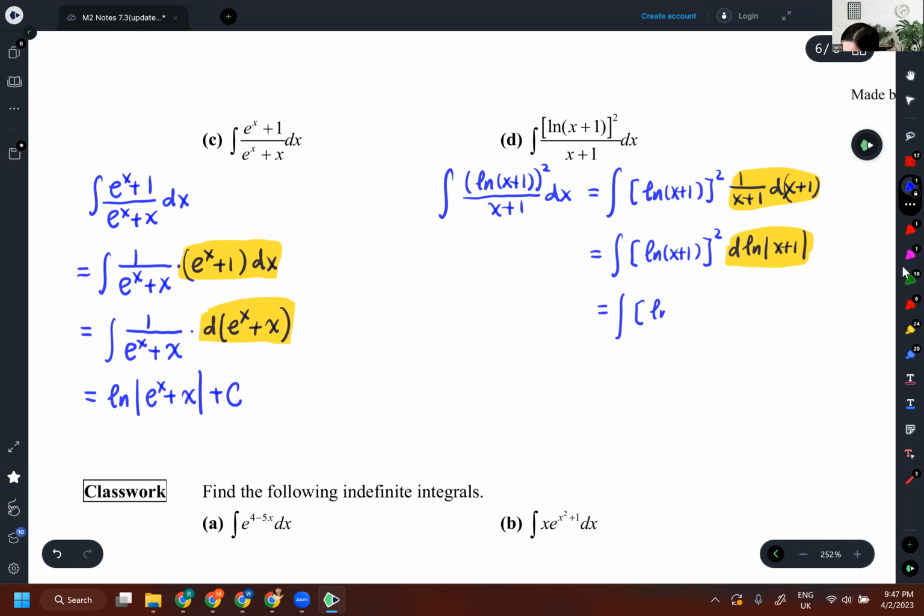The existence of log, the domain of what we're doing here, already implies that x plus 1 is positive. So the absolute value is gone. That's the answer.